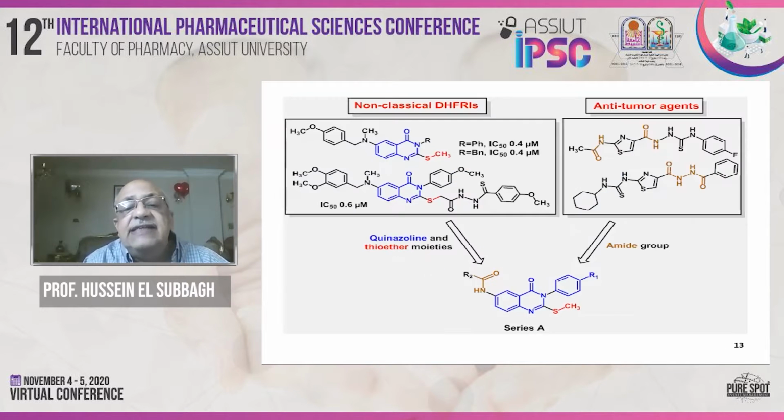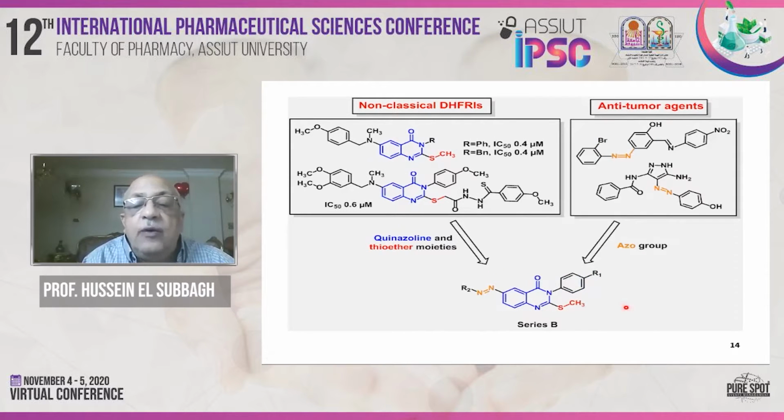In series A, we combined the thioether from the previous active compounds, as you see, and the amide from the previous anti-tumor agents to get series A. In series B, we kept the thioether, methyl sulfide or methyl mercaptide, as it is, and we added an azo function.